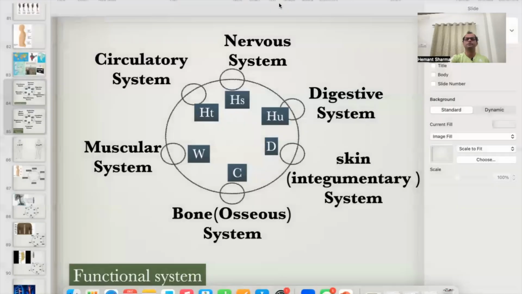So for example, elbow and wrist. Who is close to the body? That will be the proximal. So elbow is close to the body. So elbow is proximal, wrist is distal. Now I will tell elbow and shoulder. So who is close to the body?